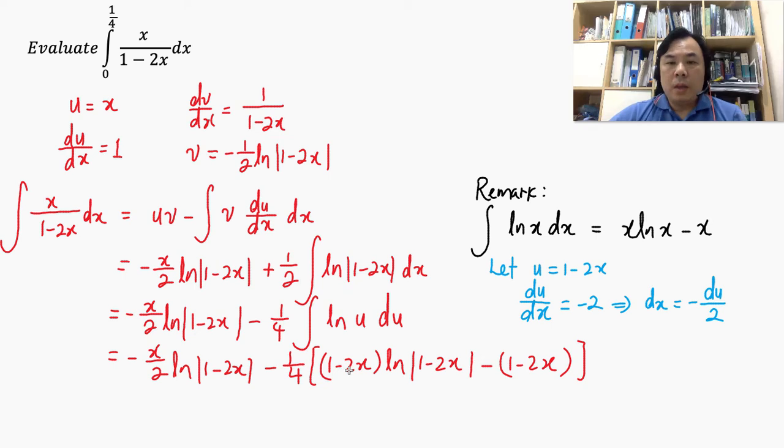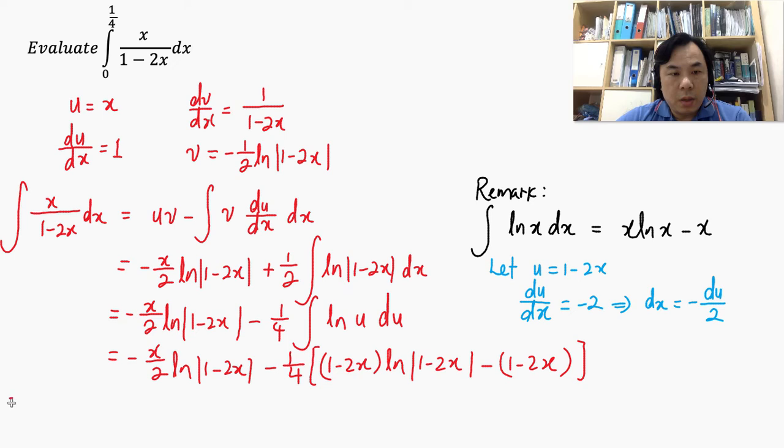Okay, and then there you have it. That will be the result of my integrations here. Then after this, I'm going to include the lower bound and the upper bound now.